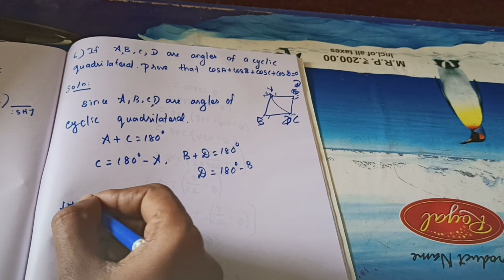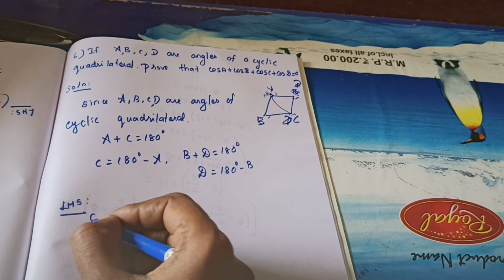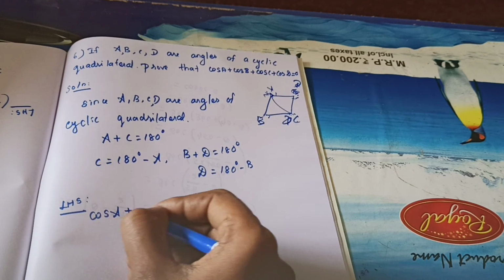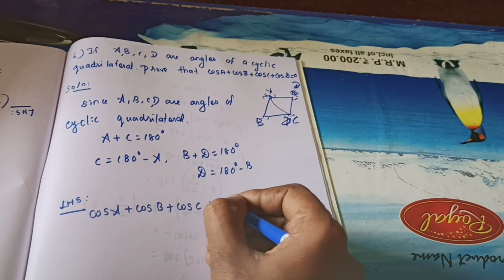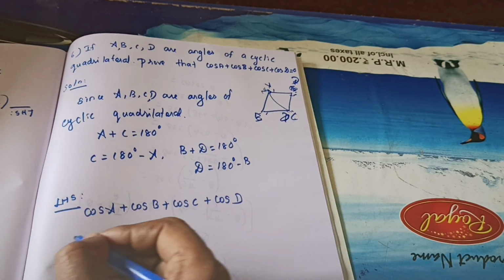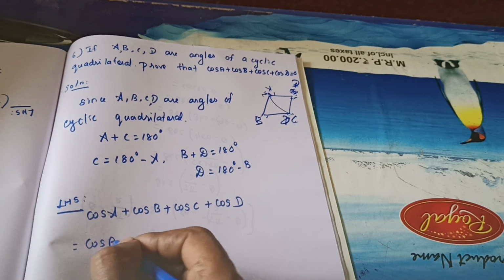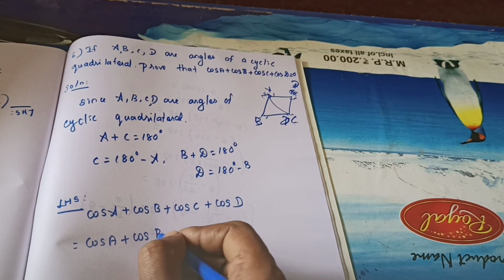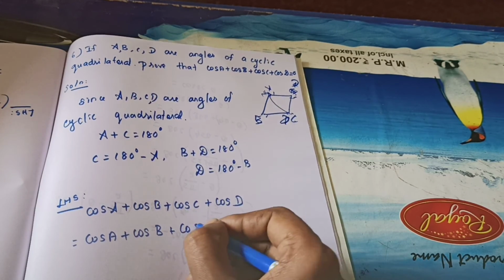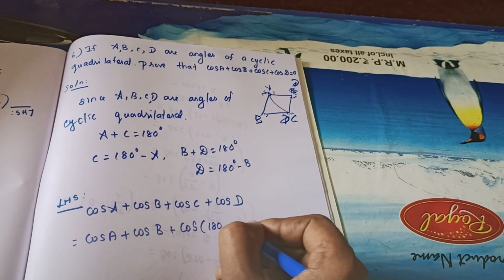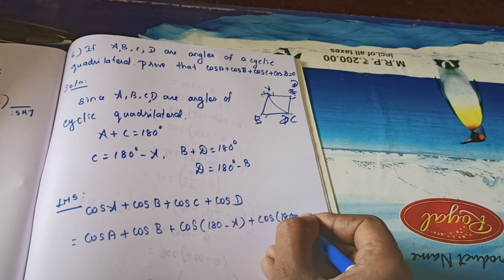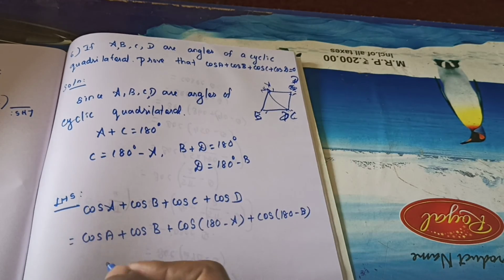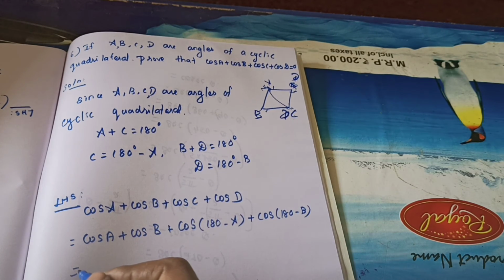So take down the LHS. What is given? Cos A plus cos B plus cos C plus cos D. That's equal to cos A plus cos B plus cos C, in the place of C you can substitute 180 minus A, plus cos D means cos of 180 minus B. So what is cos of 180 minus theta?